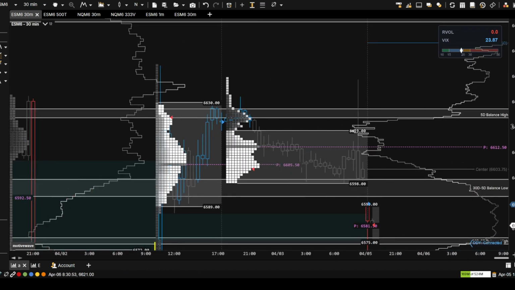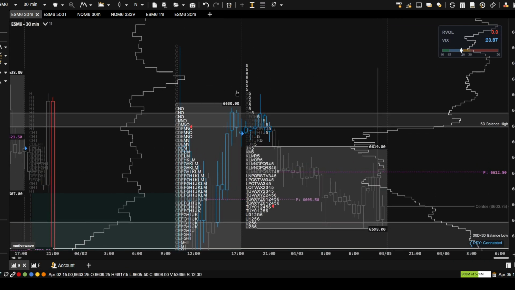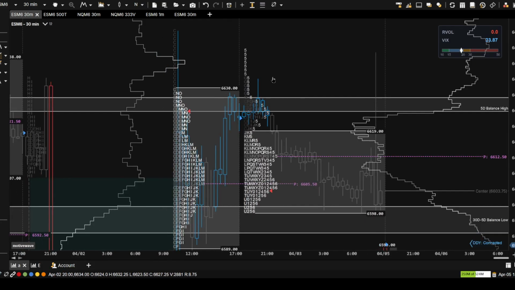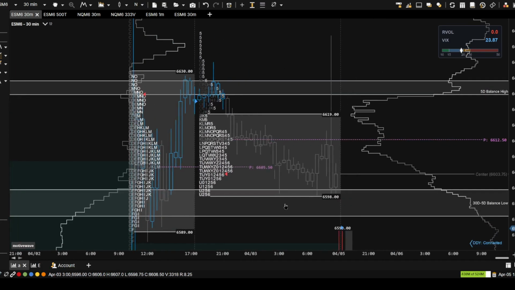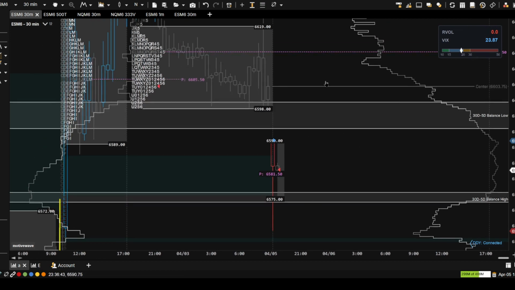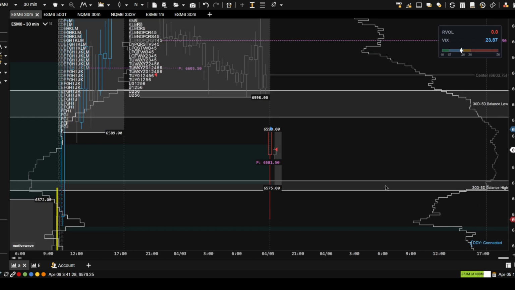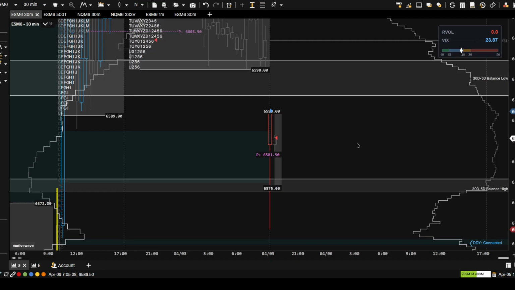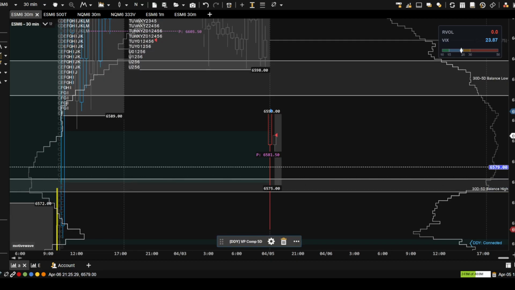Balancing action, rejecting higher prices in the balance high, rejecting lower prices in the balance low, until the new week opening, or the open of the Sunday, we break the level, yeah, but we didn't break this level. We didn't break it. It's a fact.